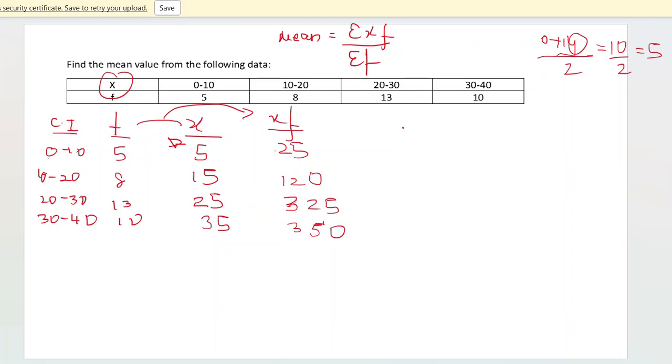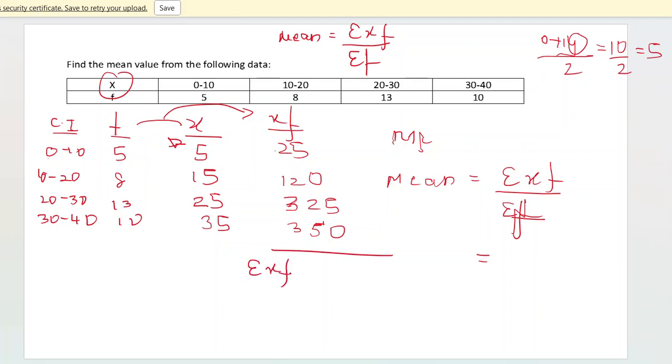Now, the mean is nothing but summation of xf upon summation of f. The summation of xf will be the sum across this column, which is 820.